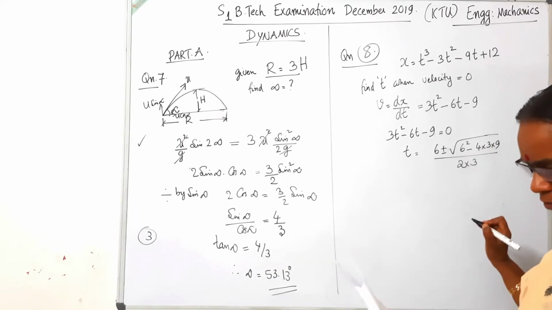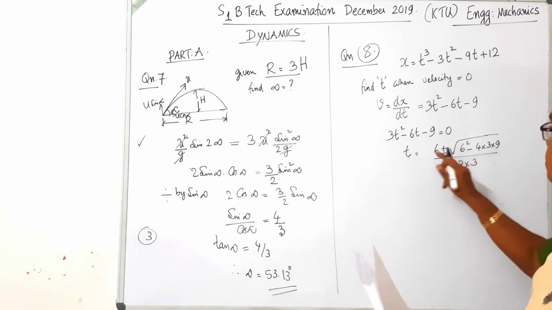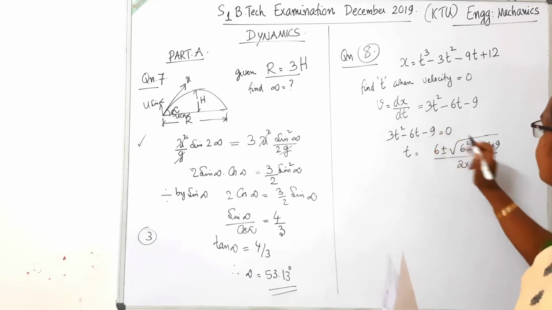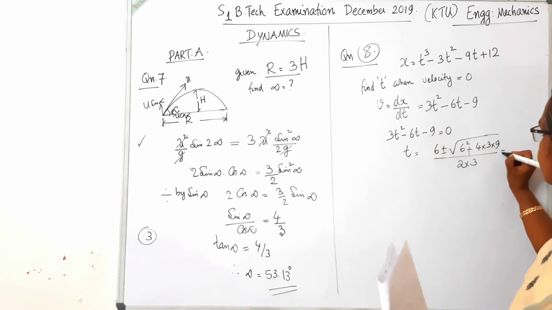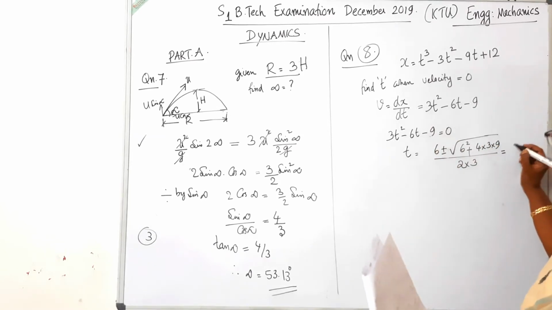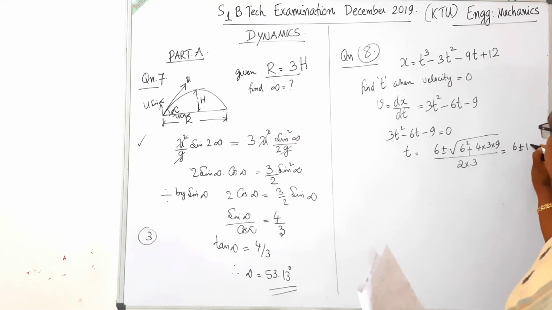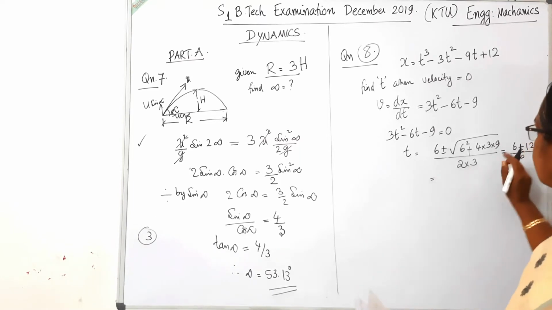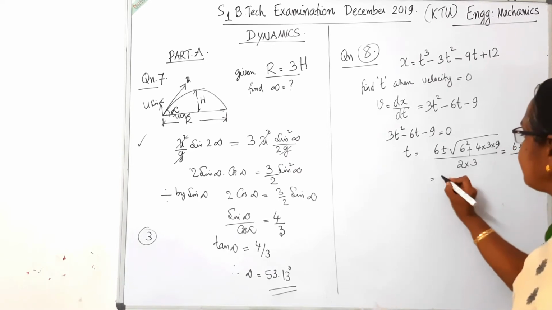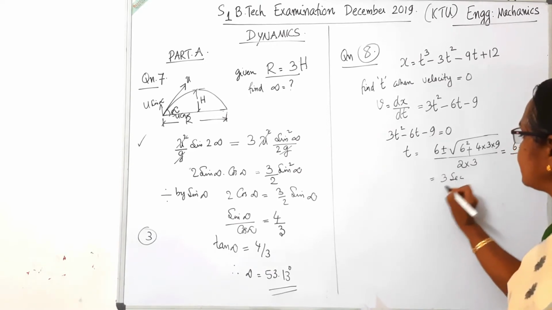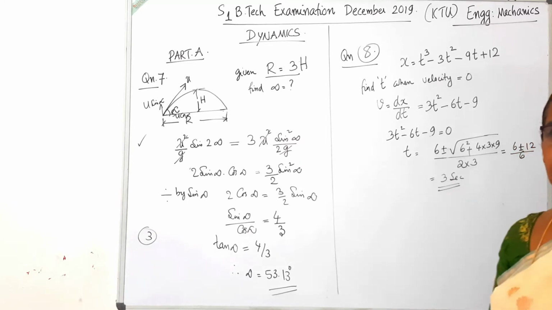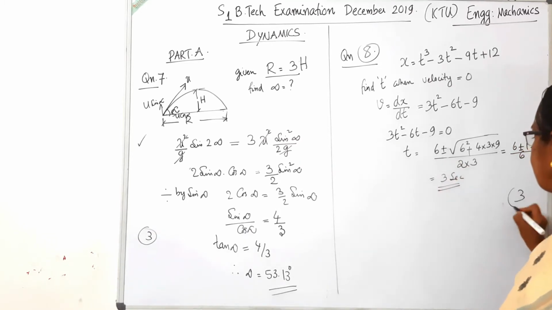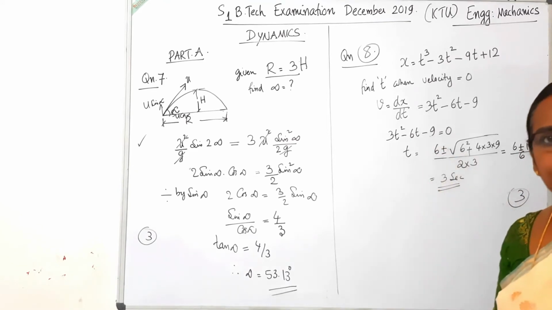Solving this, you will get the answer as 6 plus or minus 12 divided by 6. We can take 6 plus 12, 18 by 6, 3 seconds. Negative is not valid. So the time is equal to 3 seconds. This is the answer. This also has 3 marks. Within seconds, we can do this example.